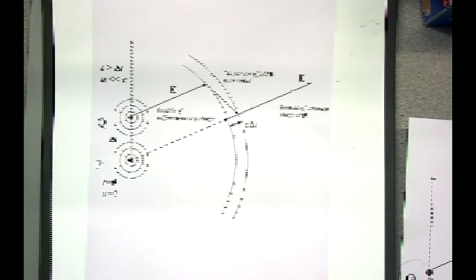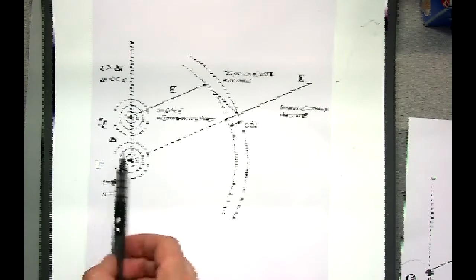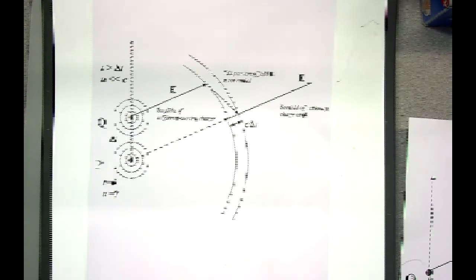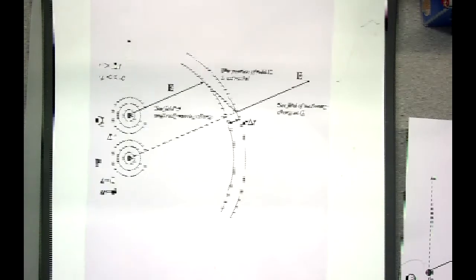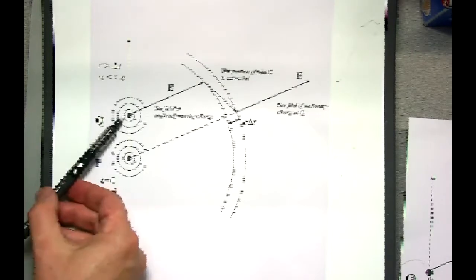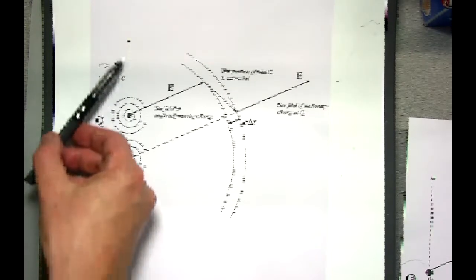So it undergoes an acceleration, but after it finishes that acceleration, it is still moving at some velocity which is much less than the speed of light. What does that mean? It's gone from being stationary to moving with some uniform but small velocity. So for all times greater than delta t, it is now moving uniformly.